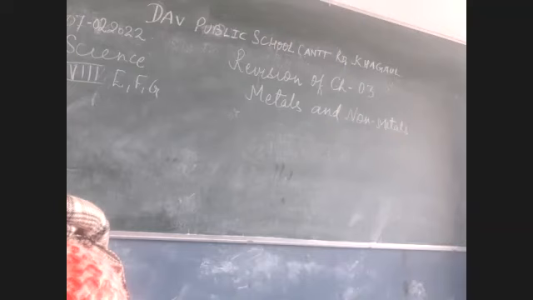Some metals, however, have low melting points. For example, the melting point of one such metal is 28.7 degrees Celsius.